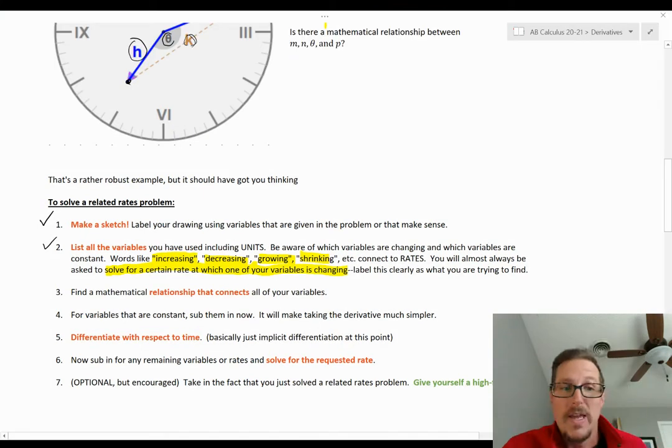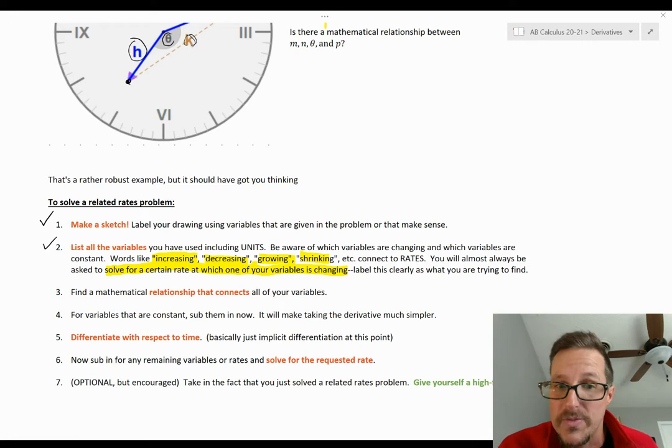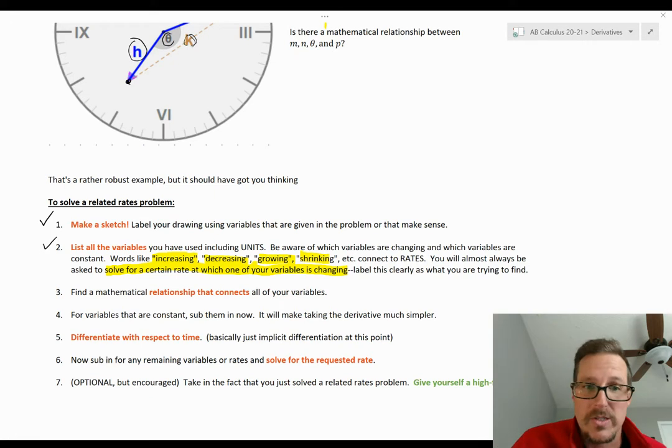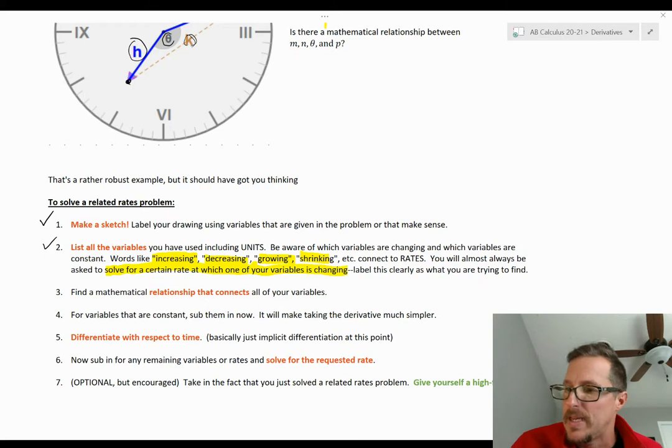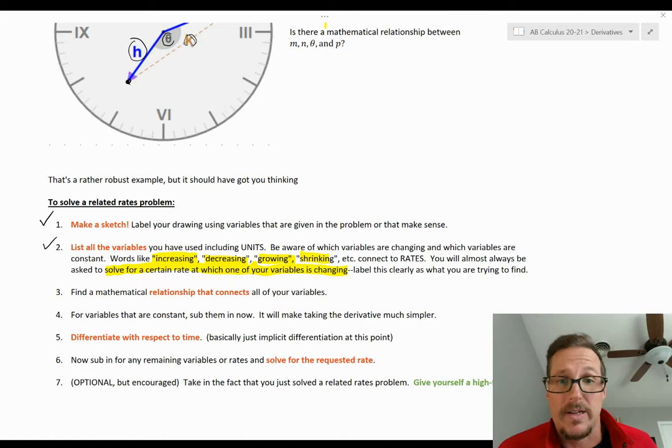All right, then we want to get a mathematical relationship that connects all of those variables. So it might be the Pythagorean theorem, or it might be the tangent of an angle is the opposite over the adjacent, or it might be some area, like the area of a circle or the area of a rectangle, or it could be a volume of a cone or a cylinder.